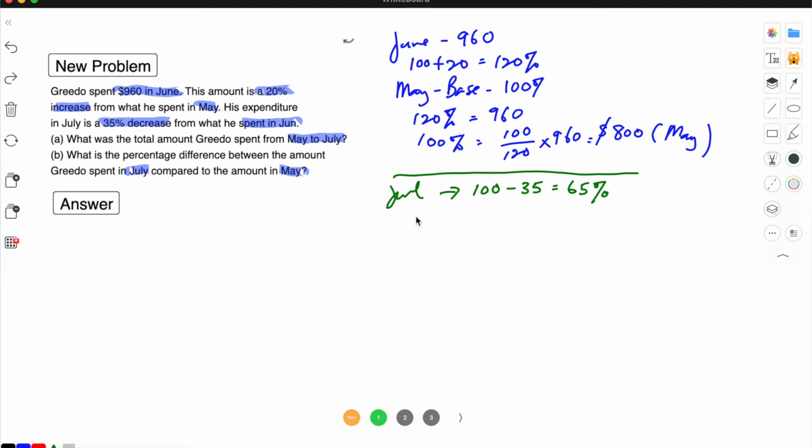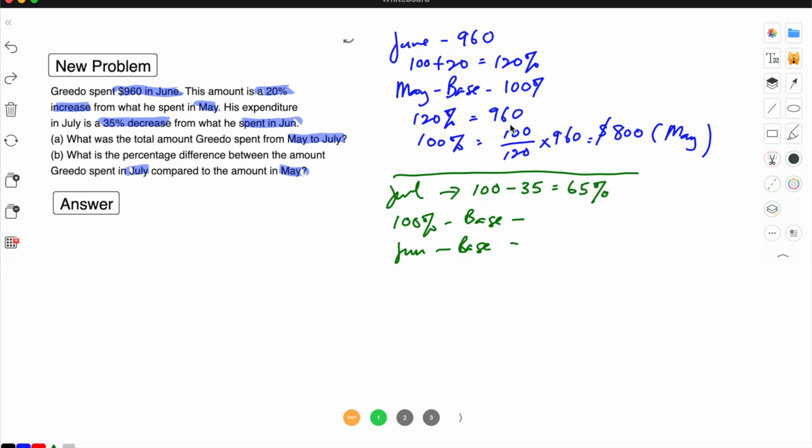So the big question will be, what actually is the 100%? Or what is the base number in the second calculation? Here we must be careful because we are told that the decrease is with respect to June. So the June expenditure is the base.